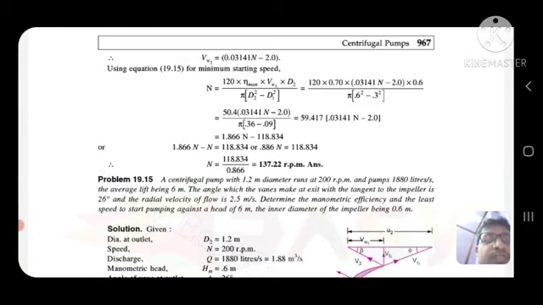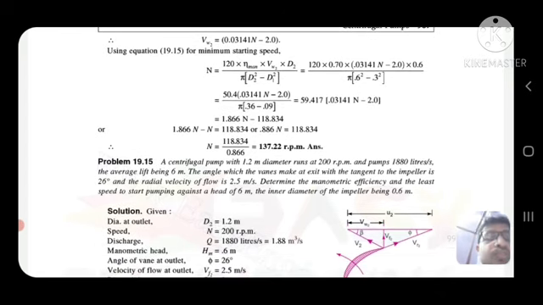N is equal to 120 into eta manometric into Vw2 into D2 by pi (D2 square minus D1 square). 120 into 0.7 into (0.03141 N minus 2) into 0.6, divided by pi (0.6 square minus 0.3 square).